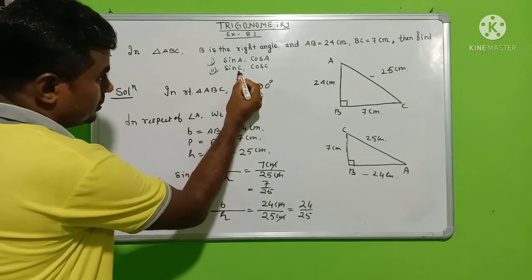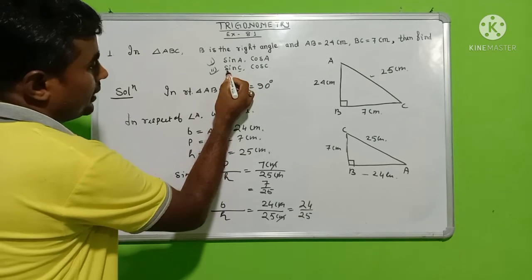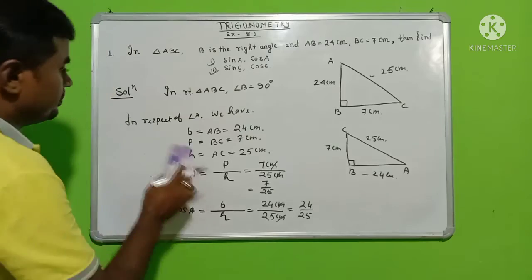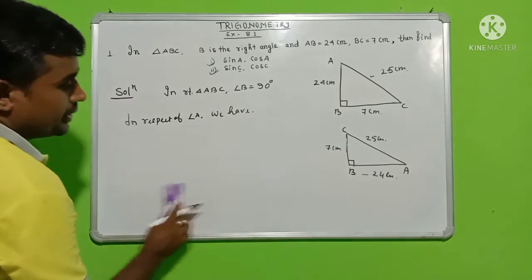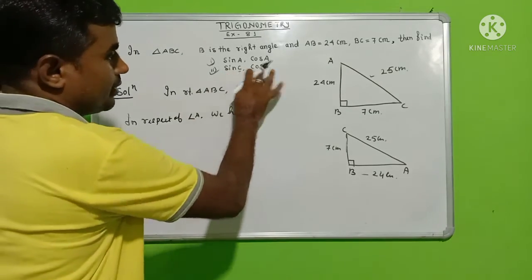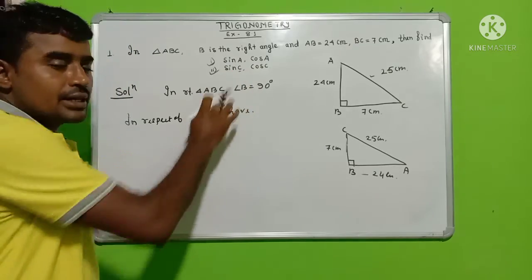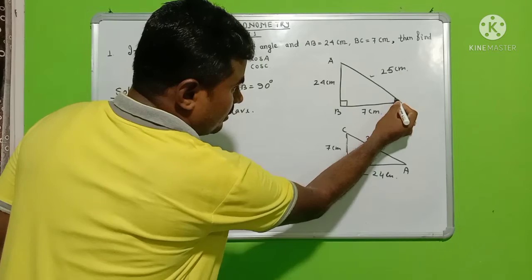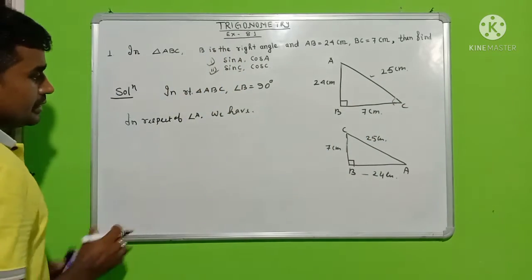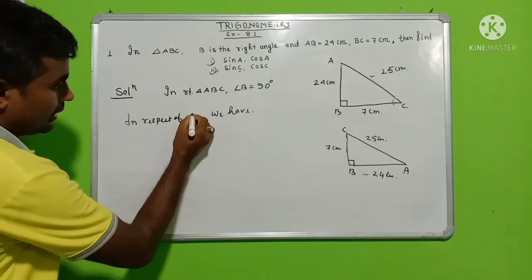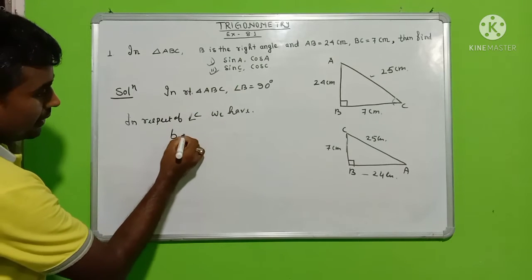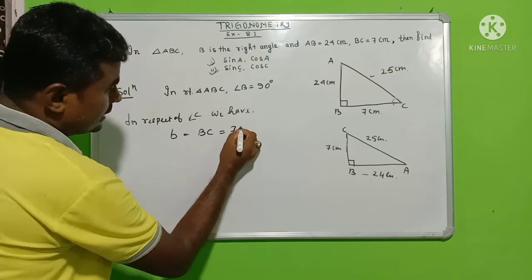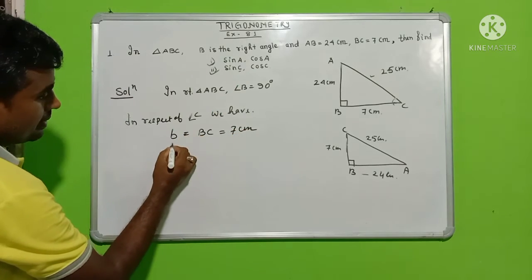In question 2, we need to find the value of sin C and cos C. That means our angle C must remain in the base. This time we write in respect to angle C. Our base is BC, which is 7 centimeter.